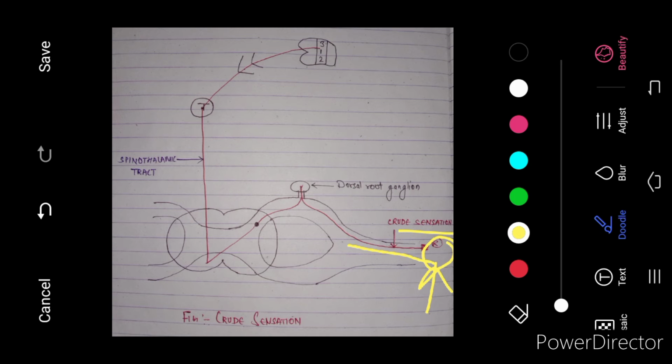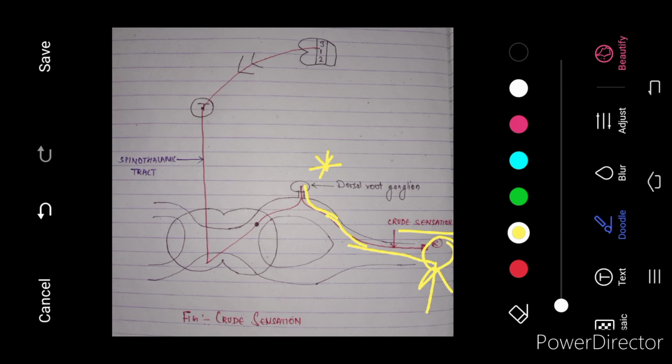From the spinal nerve, the fibers travel to the posterior root. From the posterior root, it enters into the dorsal root ganglion, which is a collection of cell bodies, and it is the first checkpoint, that is first order neuron for crude sensation.